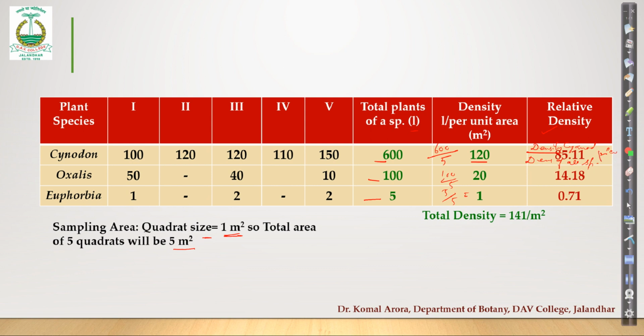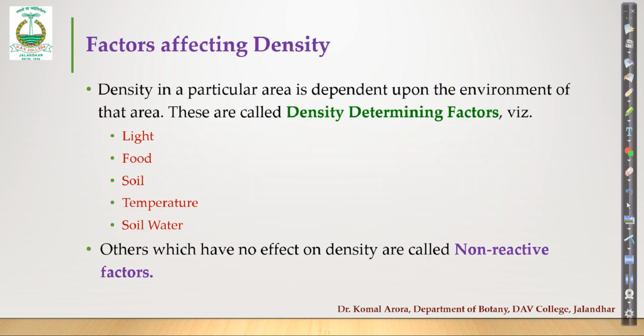So here it will be 120 divided by the total density, 141, into 100. So it comes out to be 85.11. For Oxalis, it is 20 divided by 141 into 100, which comes out to be 14.18. For Euphorbia, it comes out to be 0.71, and this is expressed in percentage. So this is how you can calculate relative density.